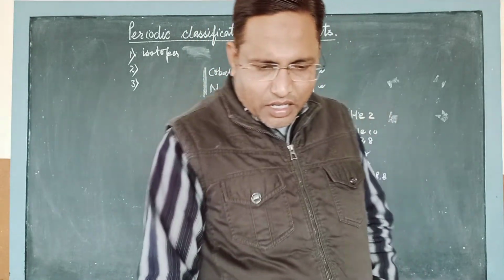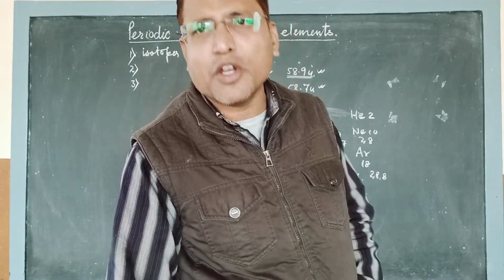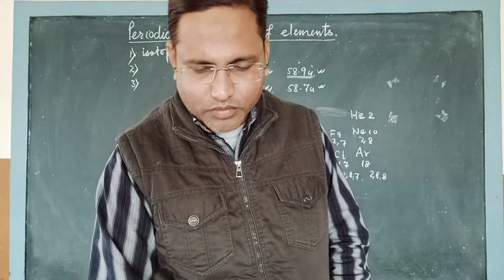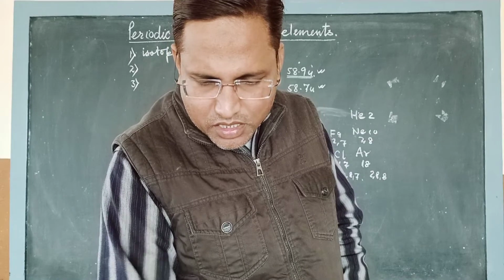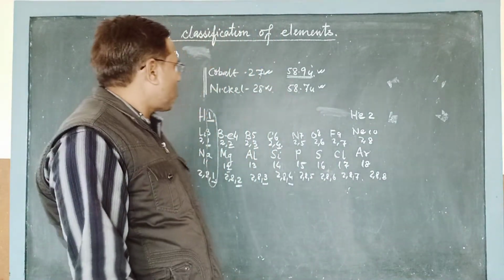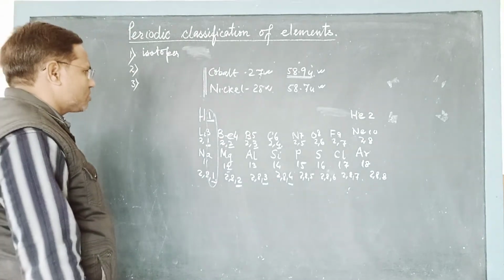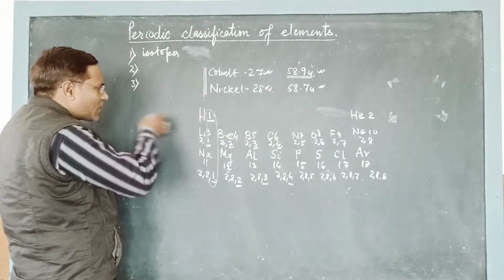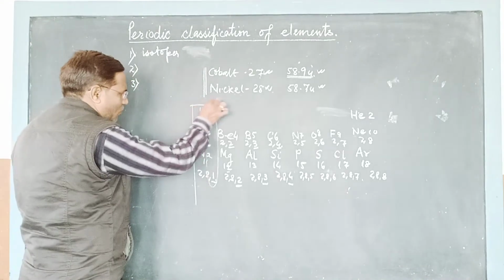Now we will see the modern periodic table. It is also known as the long form of the periodic table. This is a part of the modern periodic table. There are vertical columns and horizontal rows.